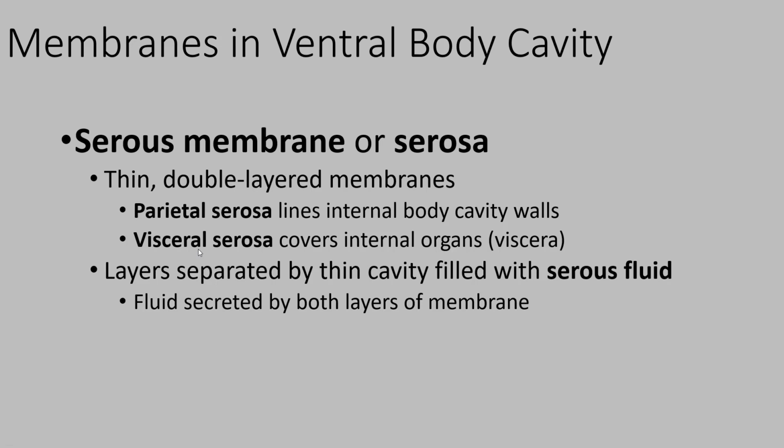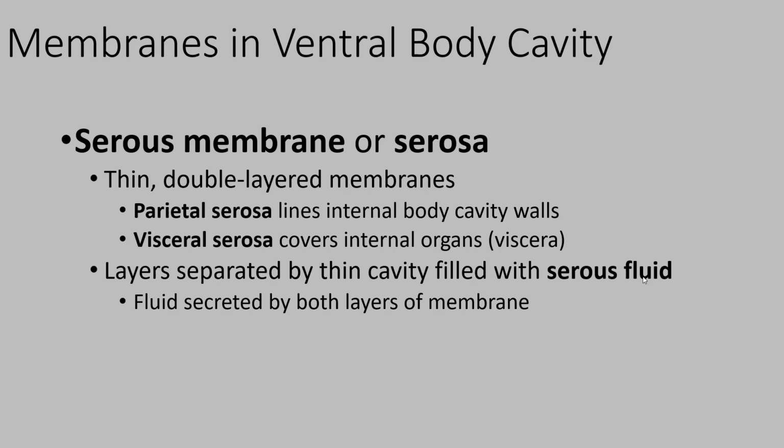And in between those two layers, it's not just open space. It's filled with a lubricating and protecting liquid called serous fluid. So we can kind of imagine this as an outer parietal layer, a layer of serous fluid, and an inner visceral layer.